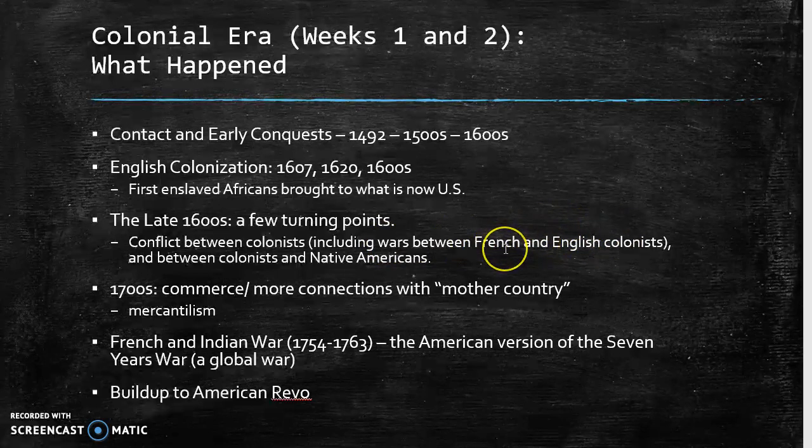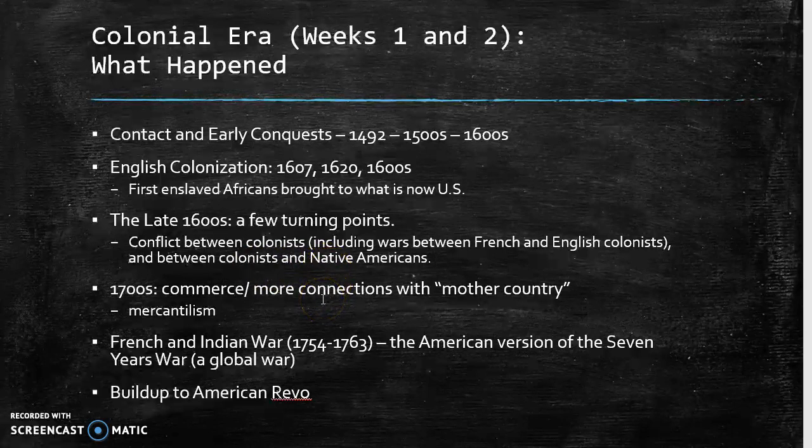They were fighting one another because France and England were fighting one another. Spain was in there too. But back in Europe, they were fighting. The details don't matter. The important thing is that these people also fought one another in North America. Also, there was a fair amount of conflict between colonists and Native Americans in different times and places.